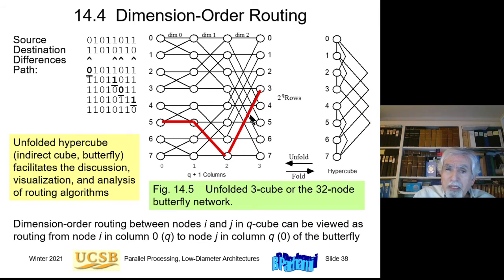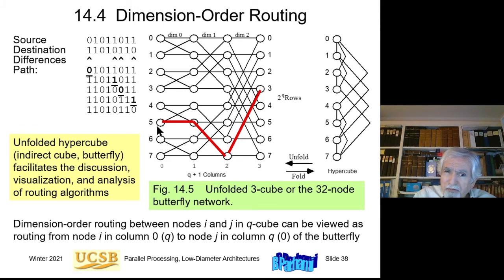So for example, if I want to send a message from node 5 to node 3 in the hypercube, I could do it here, but it's difficult to visualize where I should send it first. But here it's very easy. From 5 to 3, no transmission along dimension 0 is required. So I don't go here. I remain in node 5. Then dimension 1 transmission. Then dimension 2 transmission.